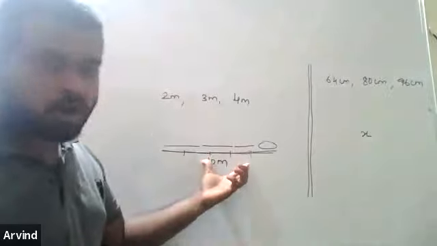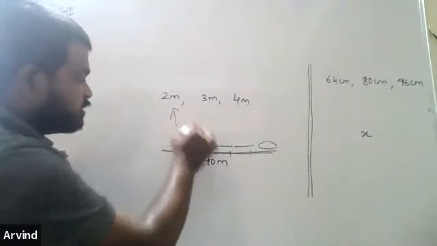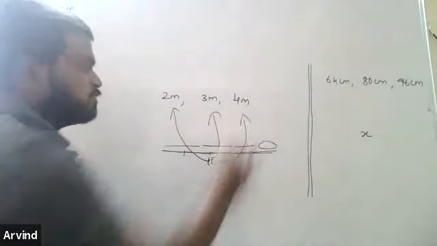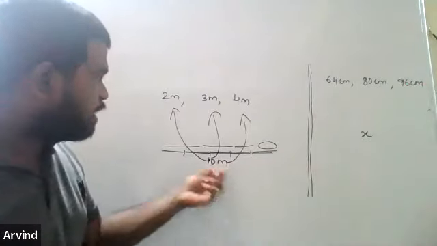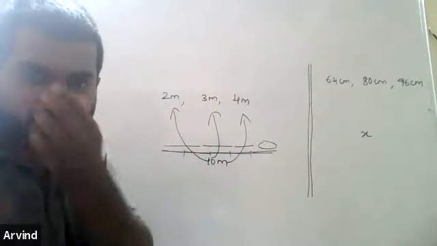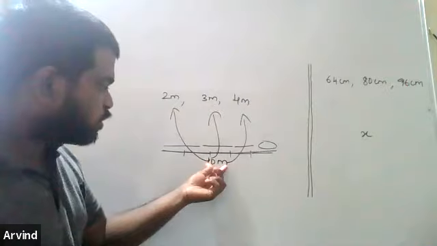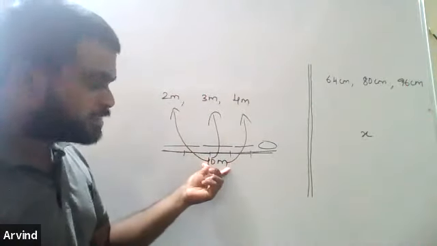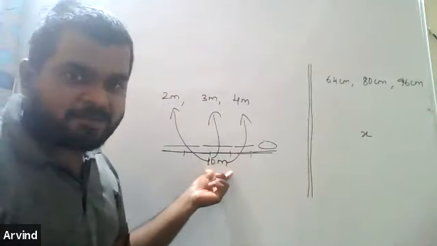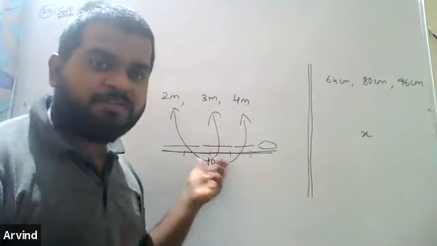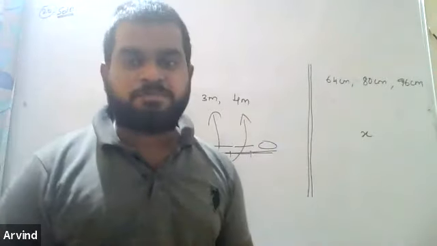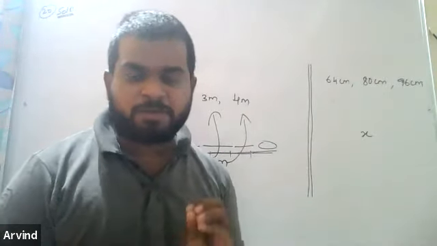This length of the cloth should be divisible by this and this. It should be a multiple of all these things. The length of the cloth is getting divided by all the rods, so it is acting as a dividend, and you have to find the LCM.